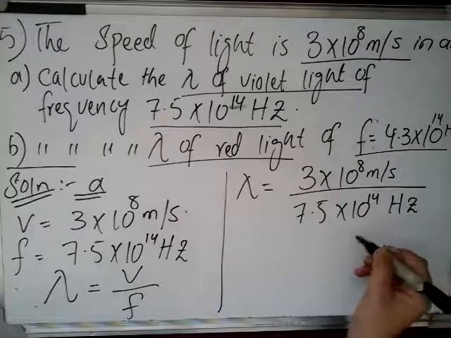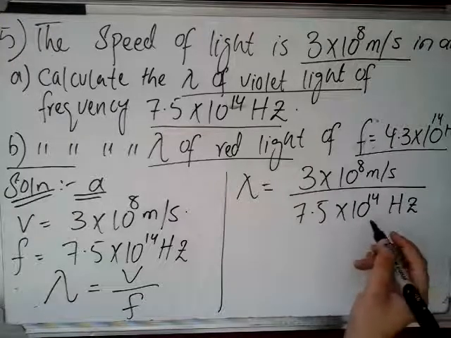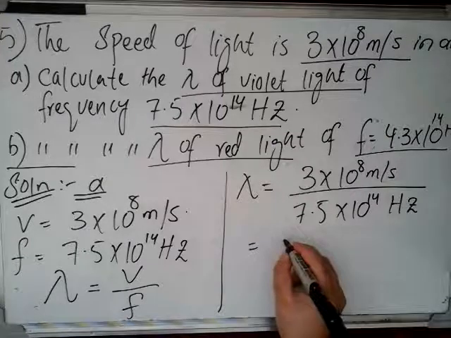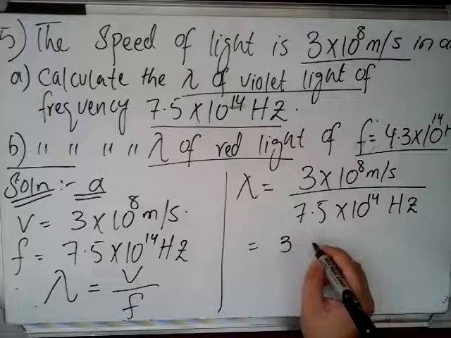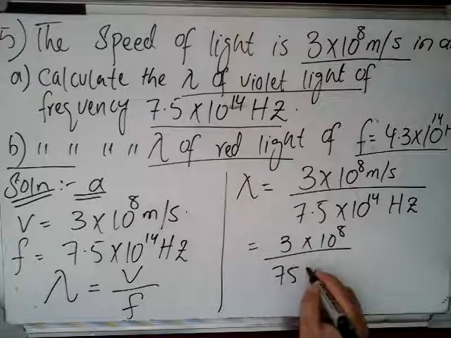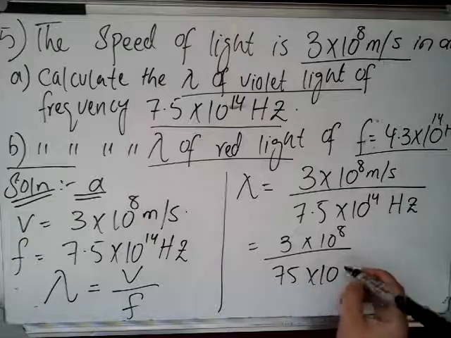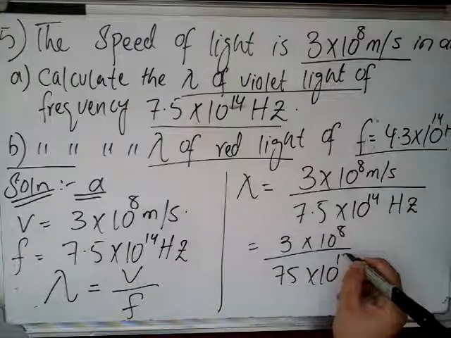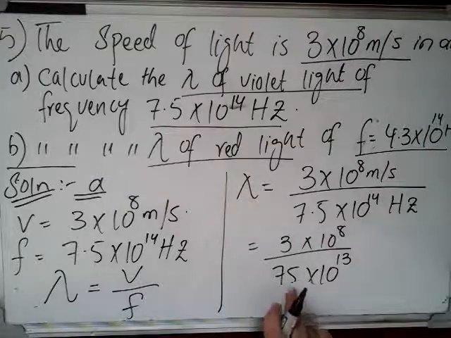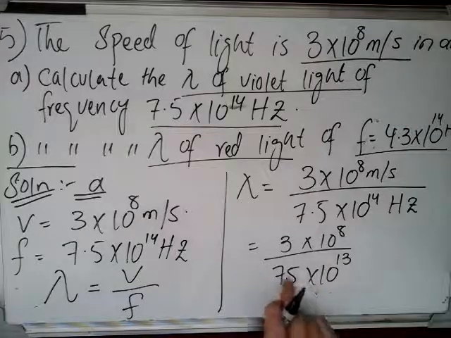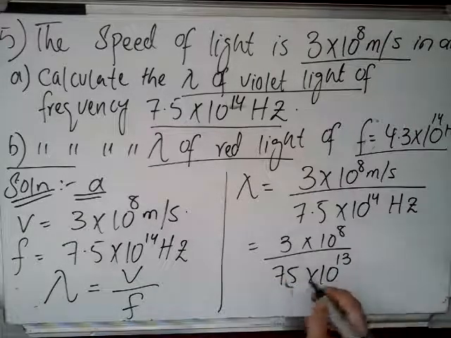I can also write this as 3 into 10 raised to power 8 divided by 75 into 10 raised to power 13. Why? Because I removed the decimal point on that side, so the power gets minus.